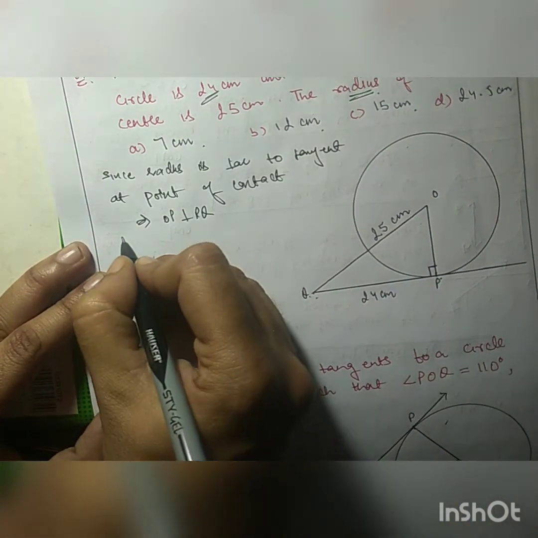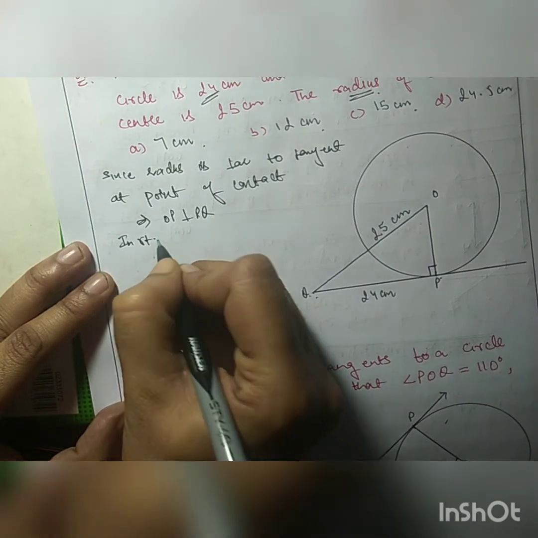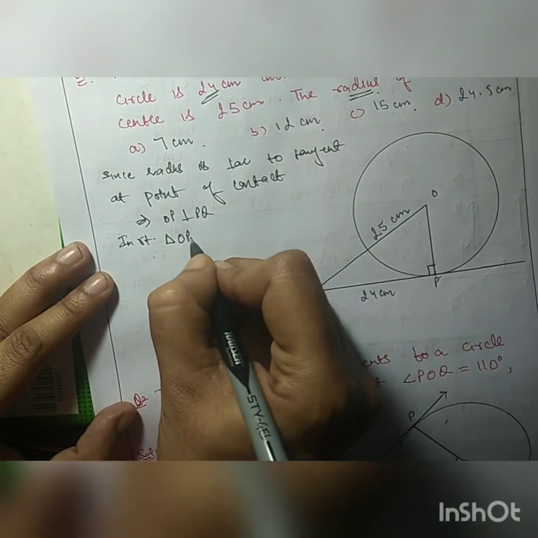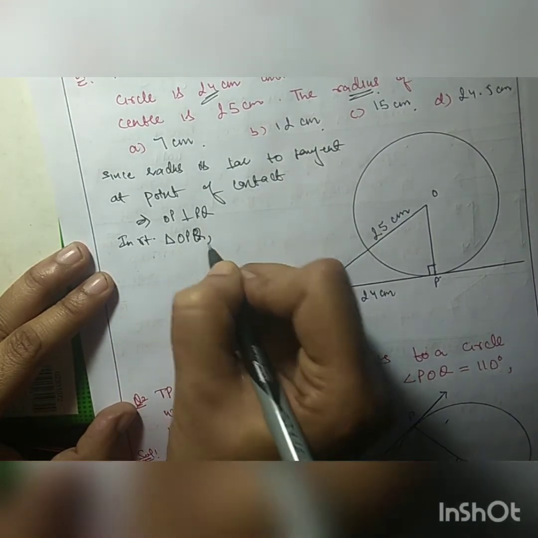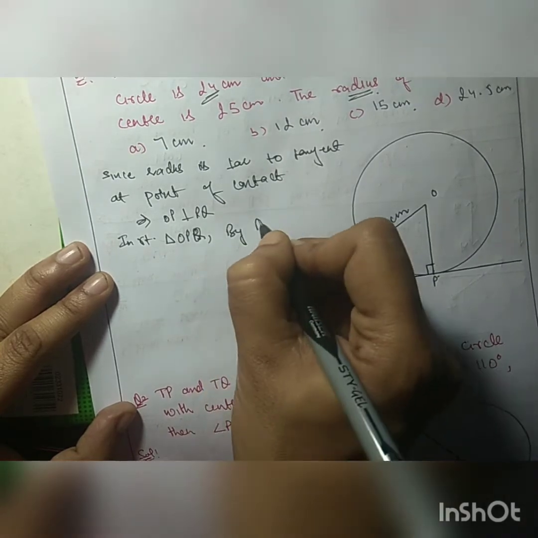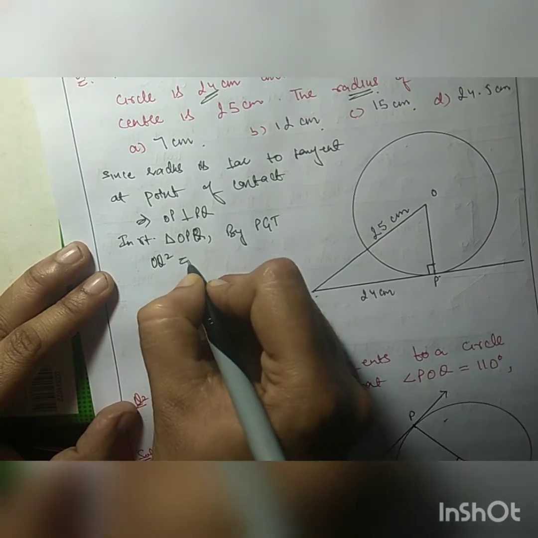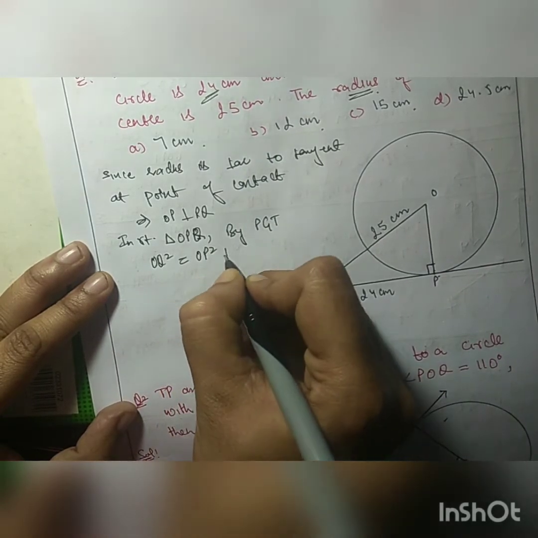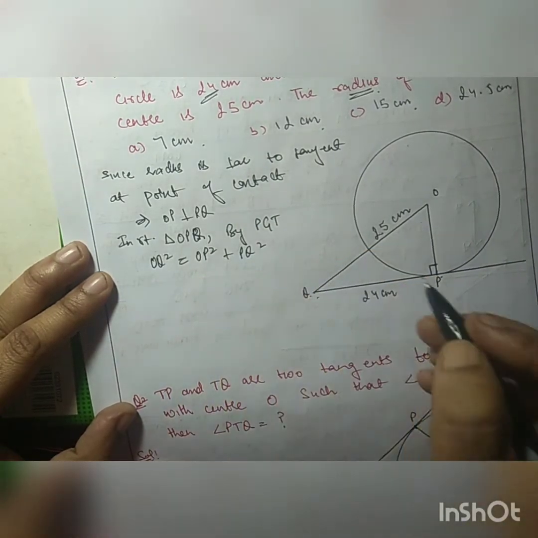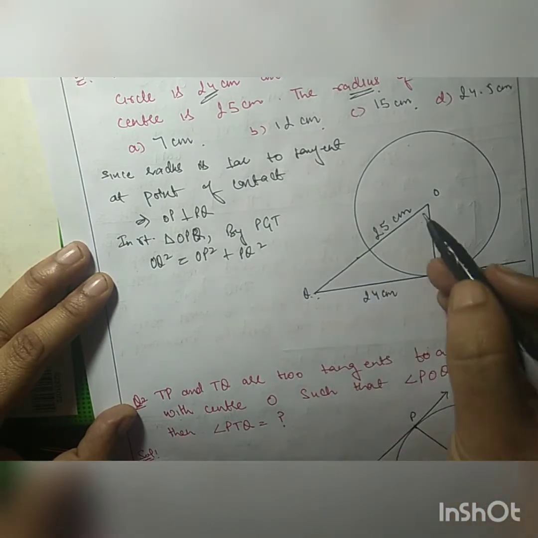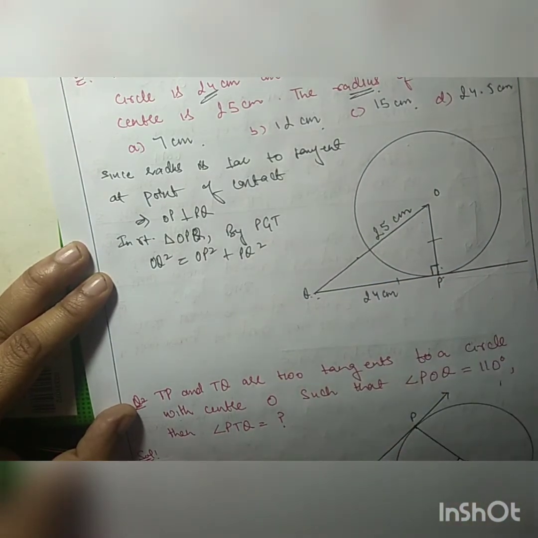So in right triangle OPQ, by Pythagoras theorem, what we get? OQ square is equal to OP square plus PQ square.